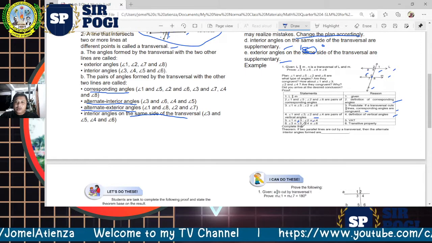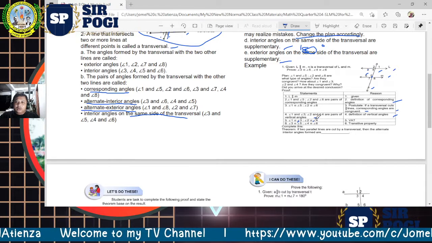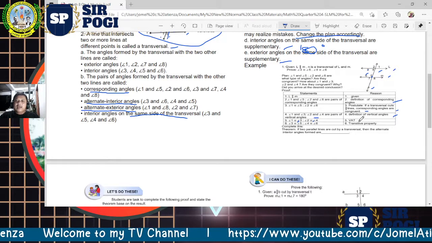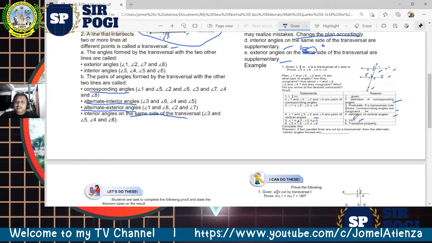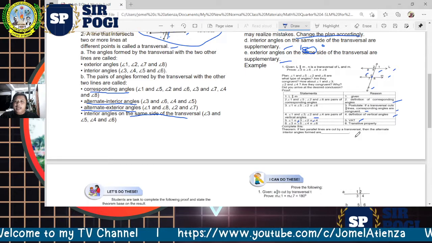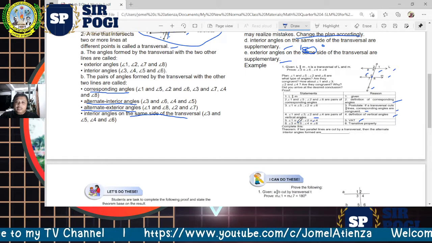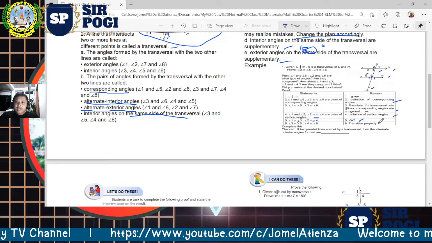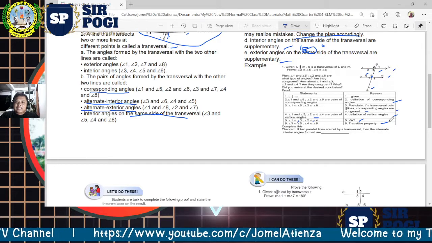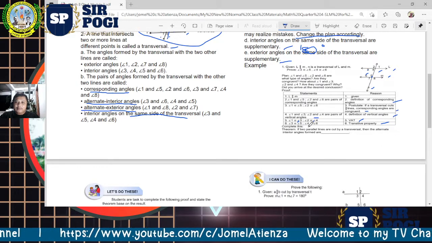So, therefore, we have angle 1 is congruent to angle 3, angle 2 is congruent to angle 4, and that is vertical angles theorem, or VAT stands for vertical angles theorem. So, therefore, angle 3 is congruent to angle 5, then angle 4 is congruent to angle 6, and therefore that is transitive property.